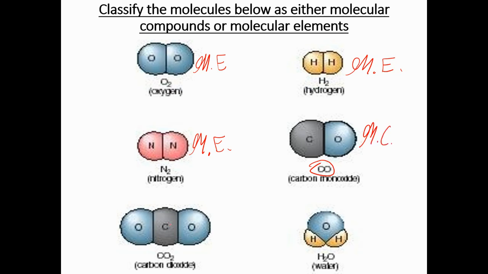CO2, so carbon and oxygen, two different nonmetals, so it's a molecular compound. And then over here, H2O, well, two different nonmetals, so it's a molecular compound. None of these were ionic because these were only made up of nonmetals, but we had molecular elements and molecular compounds. Regardless of that, all of these were connected together by covalent bonds, a sharing of electrons, not a transfer.